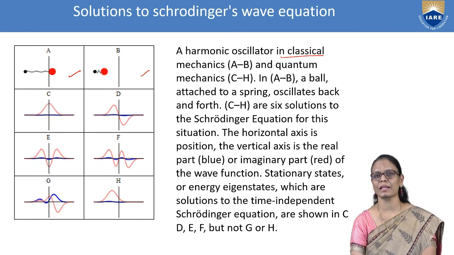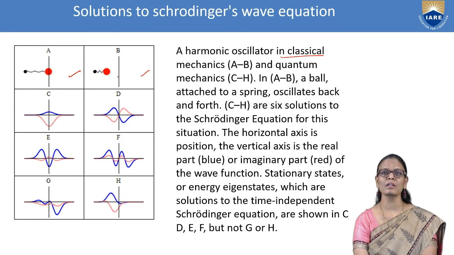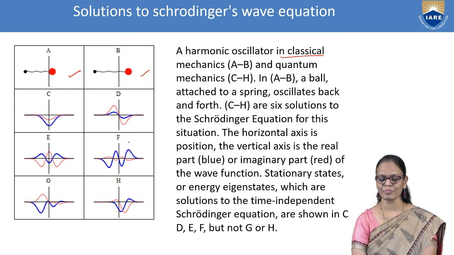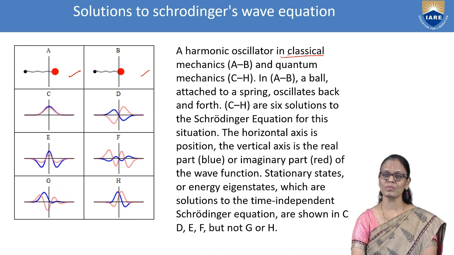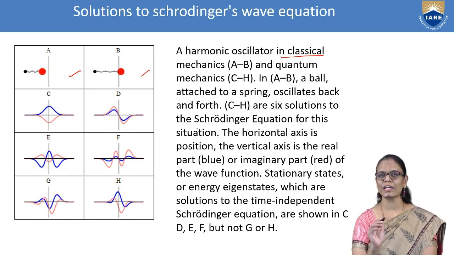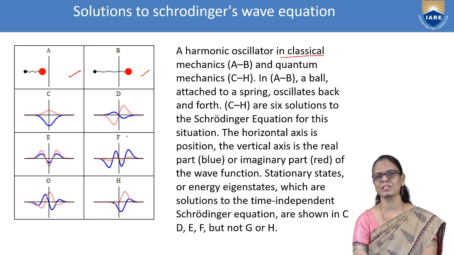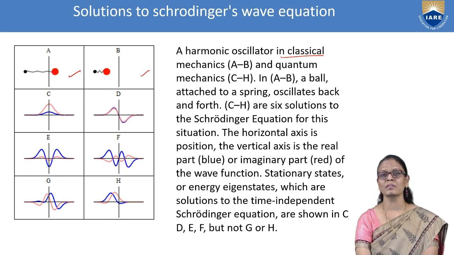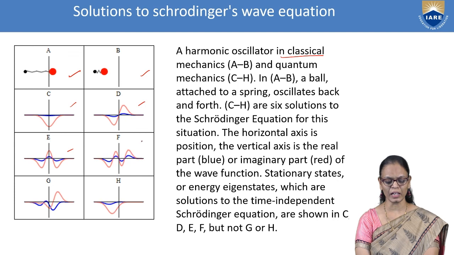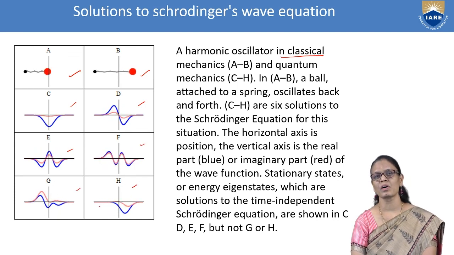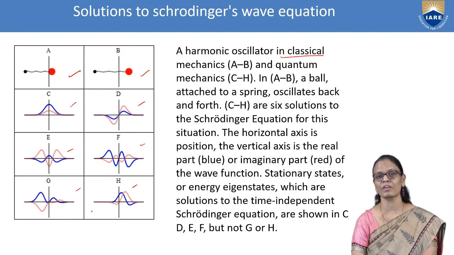Now, in quantum mechanics, where this particle will exhibit wave nature, we have derived an equation for that. If we try to solve that equation, we get six solutions. If you plot the solutions on the graph, the waveforms you get are C, D, E, F and G, H. All these are the solutions; you can see the different waveforms.